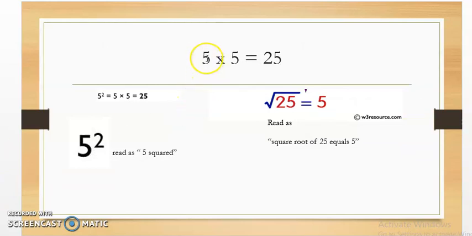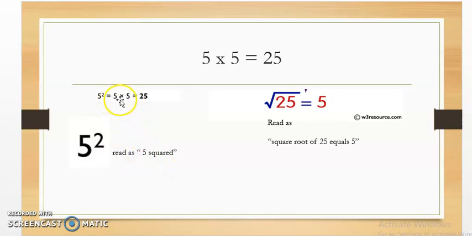So we saw that 5 times 5 is 25, that is, 5 into 5 is 25. This is represented as 5 square. We add a little 2 to the top right side of 5 and we read it as 5 square.